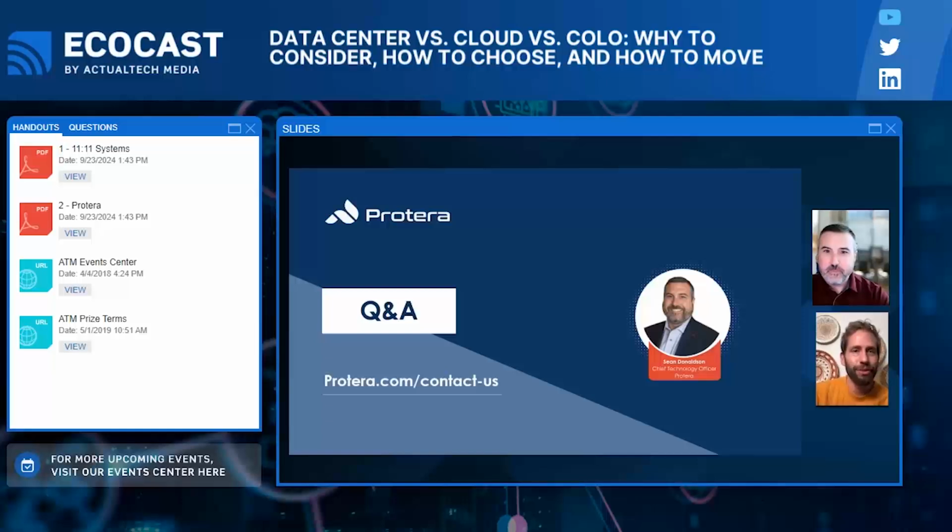So first question I've got for you here is asking, what are Proterra's top 3 differentiators in the market? Yeah, absolutely, great question. I'd say one of the top differentiators for us is that we lean into incorporating security and compliance into everything that we do. It's not a bolt-on, it's not a second thought.